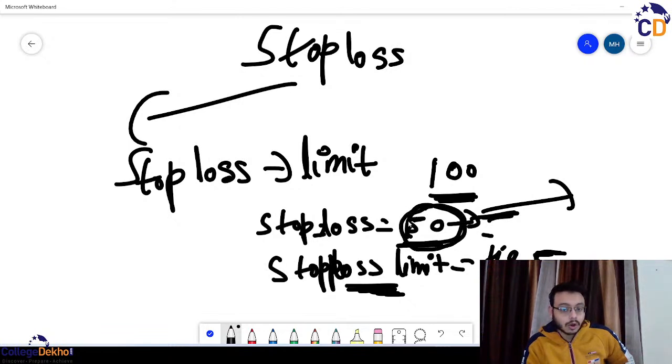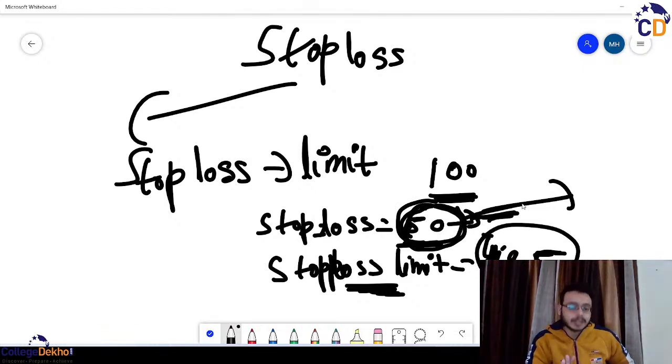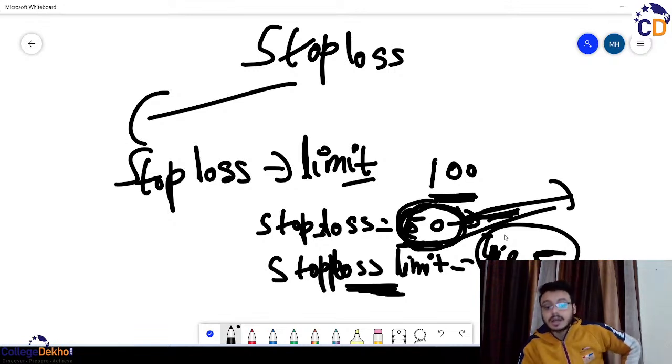Share would be sold off at rupees 50 only when this 49.5 reaches. जब 49.5 पे आएगा, then only the share would be sold at 50 rupees. तो एक 0.5 का बेनिफिट हो जाता है, ठीक है. बट जो सिर्फ स्टॉप लॉस था उसमें था कि अगर 50 पे आएगा सेल तभी होगा. बट स्टॉप लॉस लिमिट है, अगर 49.5 पे आएगा देन स्टॉप लॉस पे वो मतलब कि सेल हो जाएगा. The condition is it should reach there at 49.5.